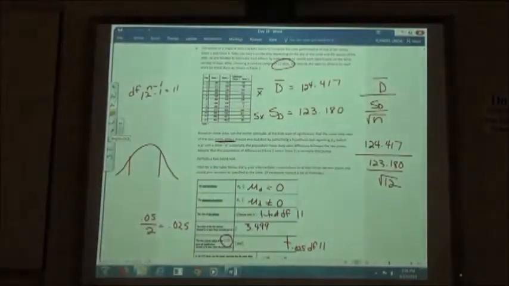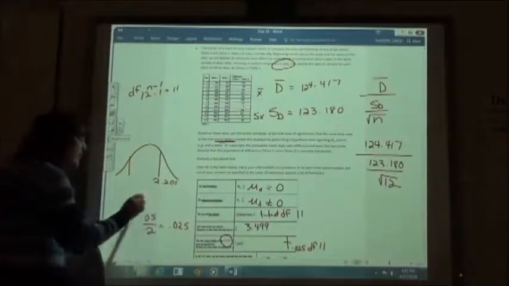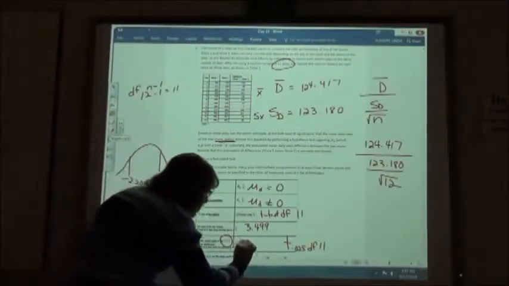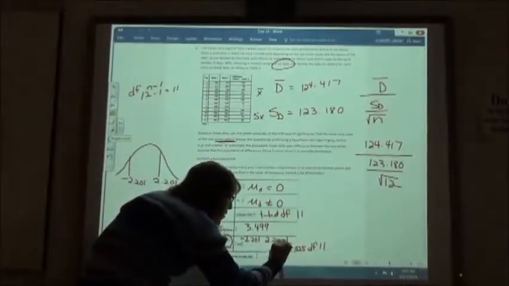Whenever we have the two-tailed test, we're going to divide that by 2. So this side is 2.201. This side would be negative 2.201. So negative 2.201 to positive 2.201.